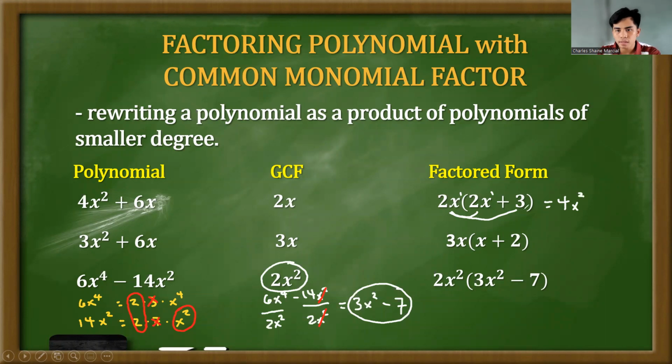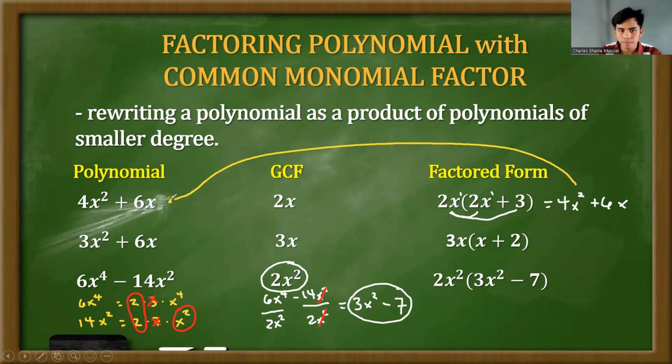Then 2x times 3, i-multiply natin si 2 times 3, then ikakopy natin si x. So 2 times 3, that is equal to 6. Then ikakopy natin si x. Now, kung makikita nyo, parehas lang po sila. Yan o, parehas lang sila. Yan. We have 4x squared plus 6x.